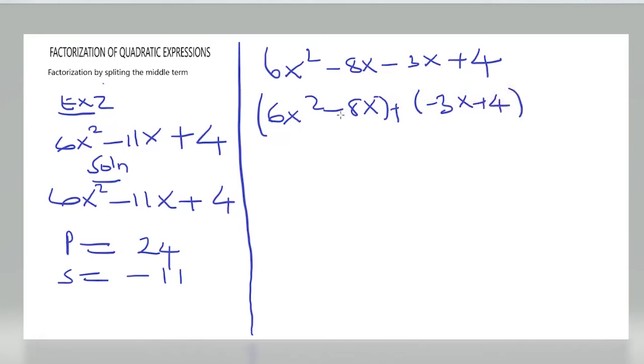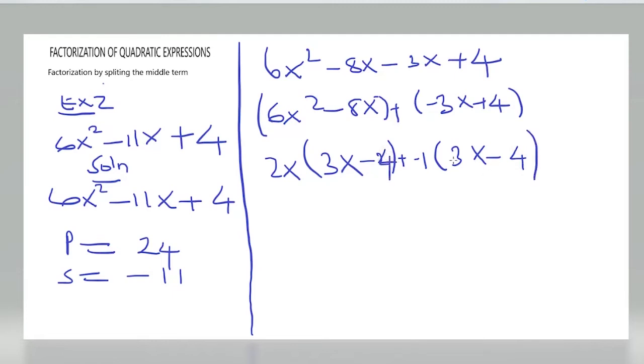Now take 2x out of the bracket, and I have 2x times (3x minus 4). Then take negative 1 outside the bracket, plus negative 1 times (3x minus 4). Here it's 4, sorry, plus 4.